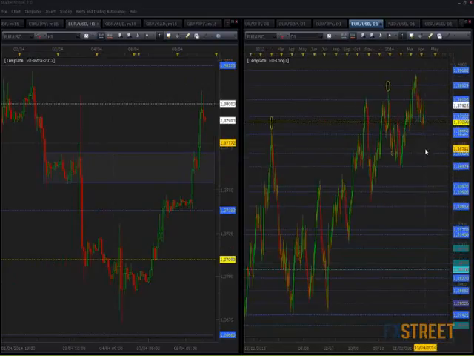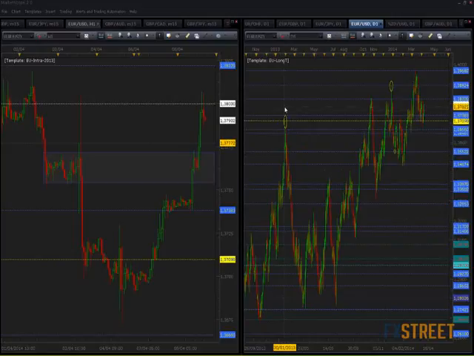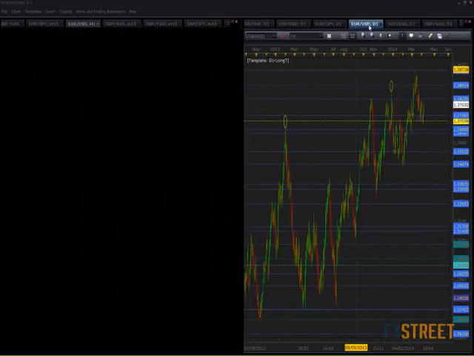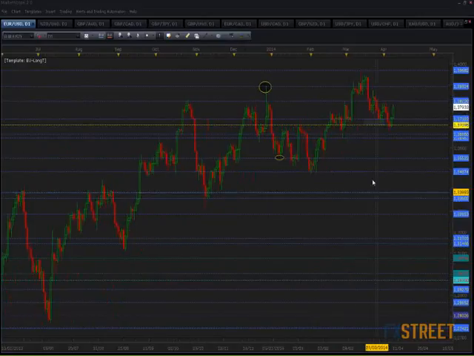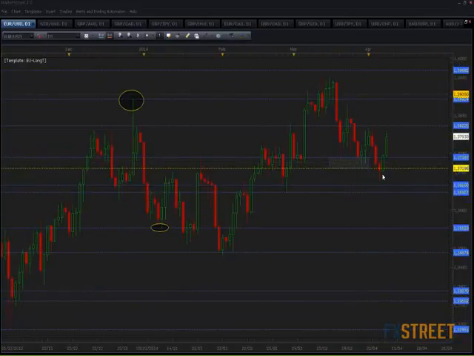This yellow line is coming from the high of the 31st of January of 2013, or the 1st of February, sorry. It's a nice resistance. So price broke below, but then reversed. So it's a bullish signal.